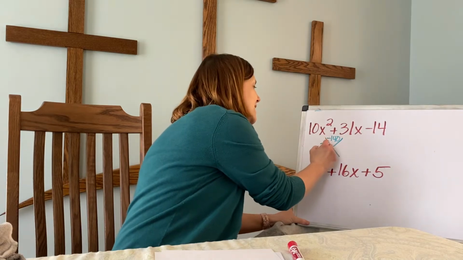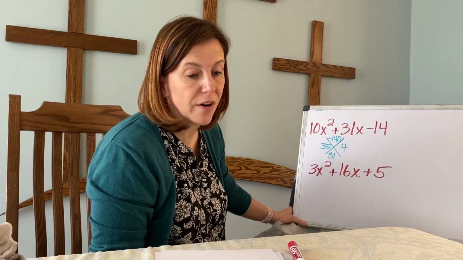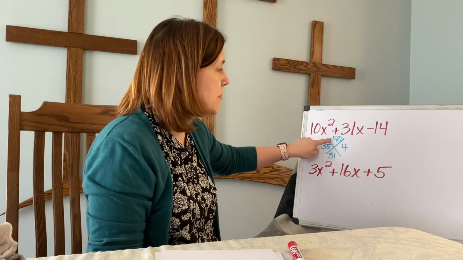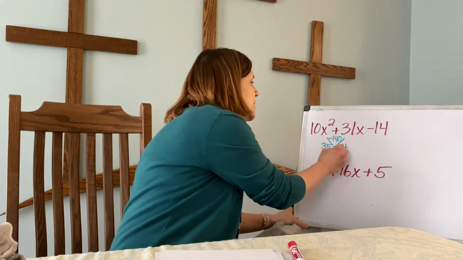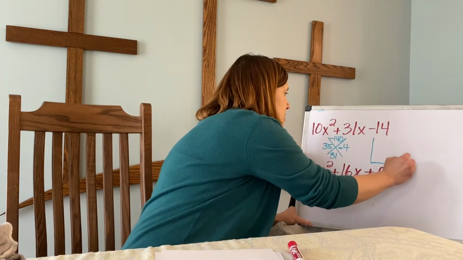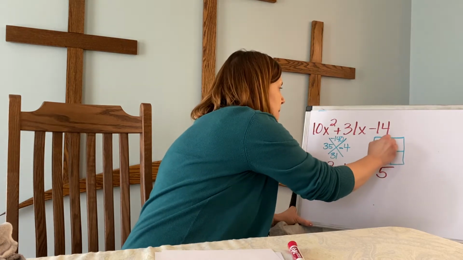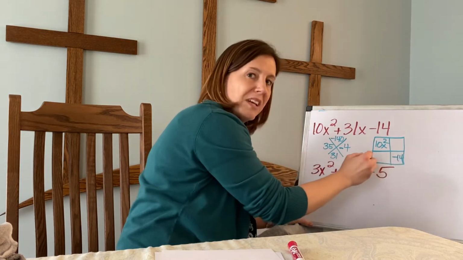So I worked through some of these and figured out 35 and 4 are going to work. Well, if I have a negative number here, I know one's going to be positive, one's going to be negative. So my chart looks like this. And I'm sorry that the writing is a little bit small, back when I thought I wasn't going to show you step by step.